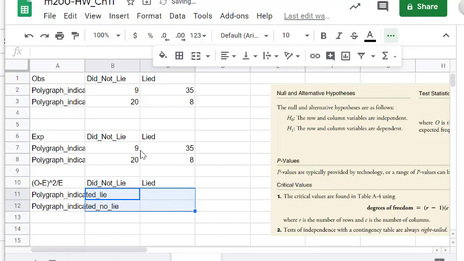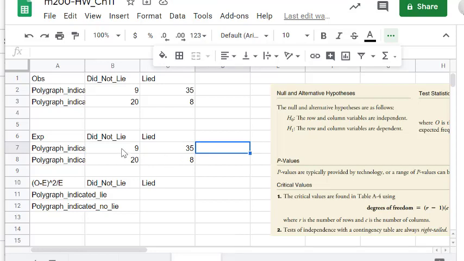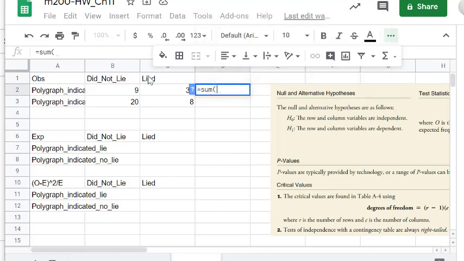So we can clear all that for now. This one, we can also clear all this for now. And then we'll focus on the column totals, the row totals, and the grand total. So let's compute the column totals by typing equals, and then SUM, and we'll highlight the things that we want to add.